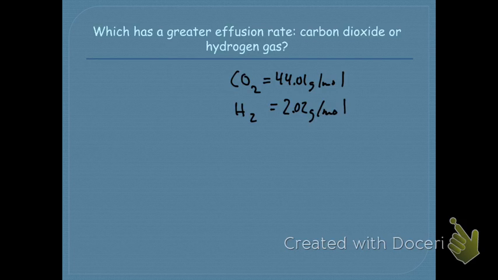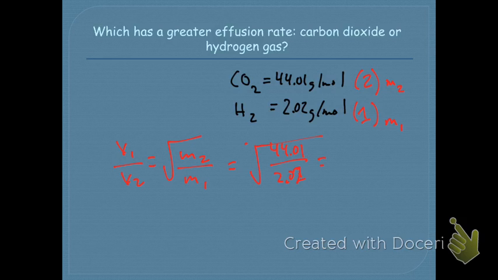Remember, we want to make our bigger one particle 2, and this will be particle 1. So V1 over V2 equals the square root of M2 over M1. This equals 44.01 divided by 2.02. Take the square root of that.